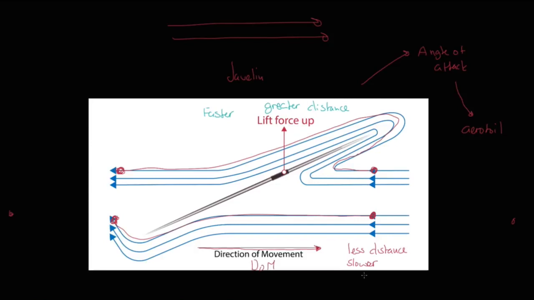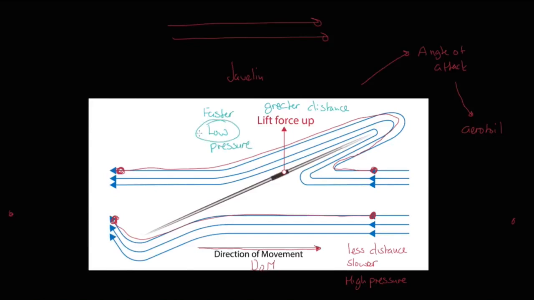Bernoulli told us that if an air molecule is travelling slowly, it operates with high pressure. And Bernoulli told us, using his Venturi meters, that if an air molecule is moving fast, which has had to go further, then it has low pressure. So now what do we have?